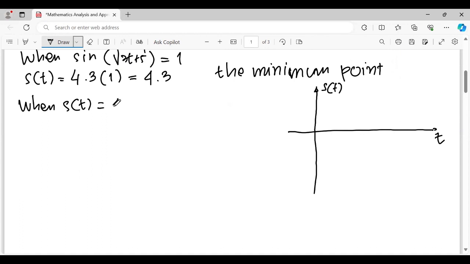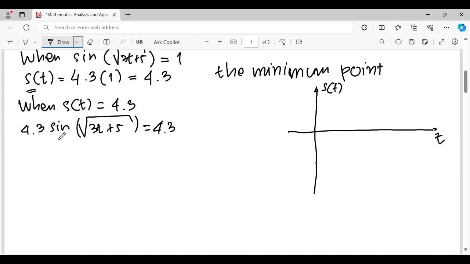s(t) equals 4.3, according to this statement, the equation will be 4.3 sine square root of 3t plus 5 equals 4.3.